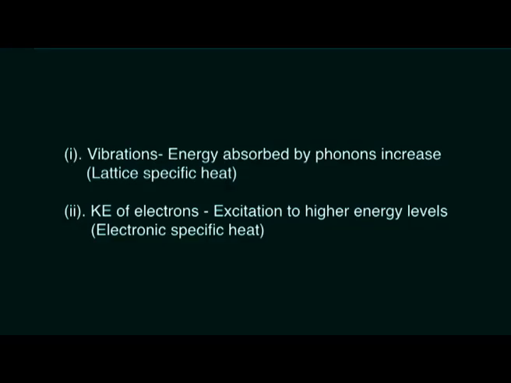At Cv, specifically at constant volume, when temperature is supplied, the increase of the internal energy takes place in two ways. The first is the vibrations, which we call the phononic vibrations. The energy absorbed by phonons increases, and we call that component of the specific heat the lattice specific heat.